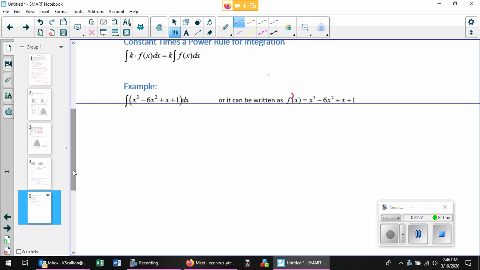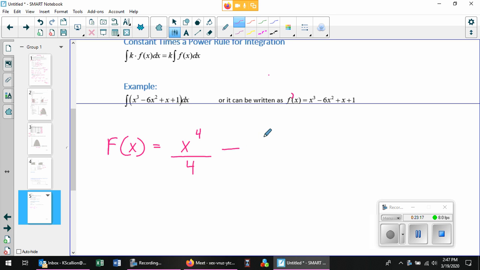So first term. We're going to start with a capital F, capital F of x. So what do we do to the exponent here? Add 1, so it's going to be x to the exponent 4, and the bottom is going to be 4. Pretty easy, right? So we're going to keep our subtract. What do we do to the squared?